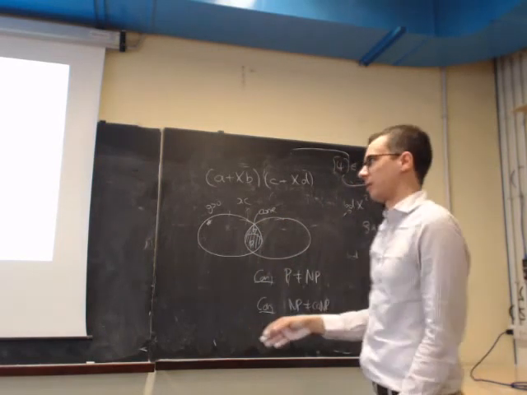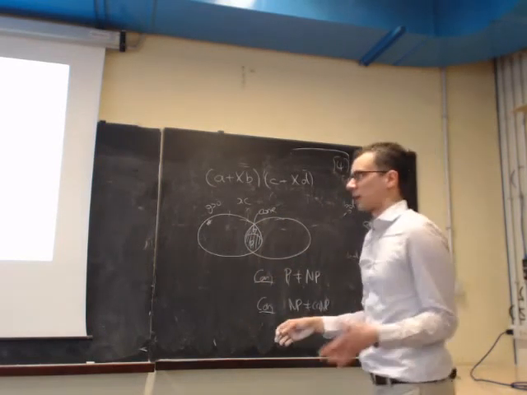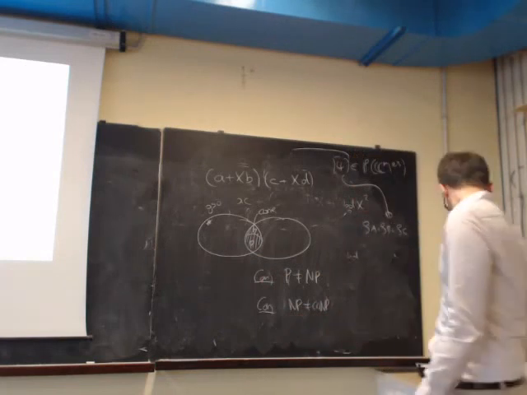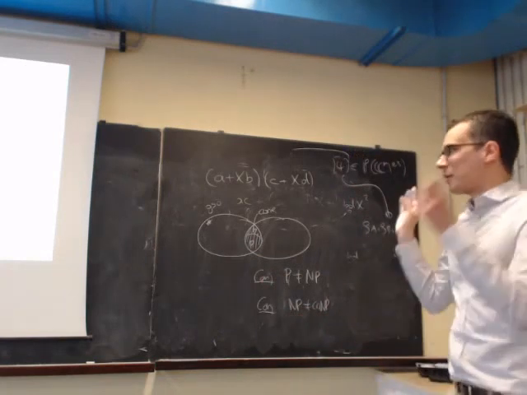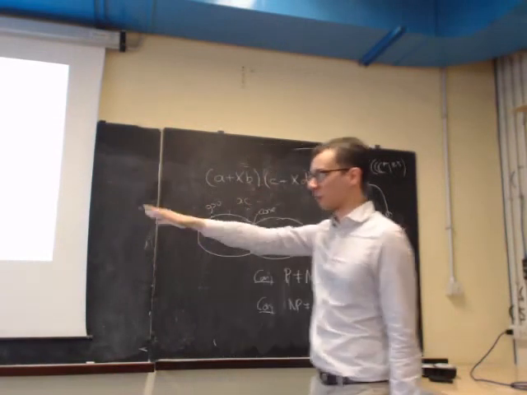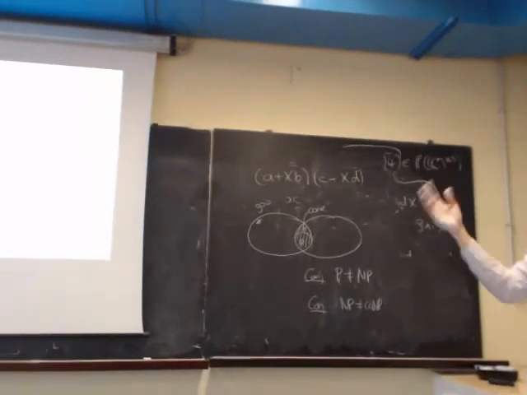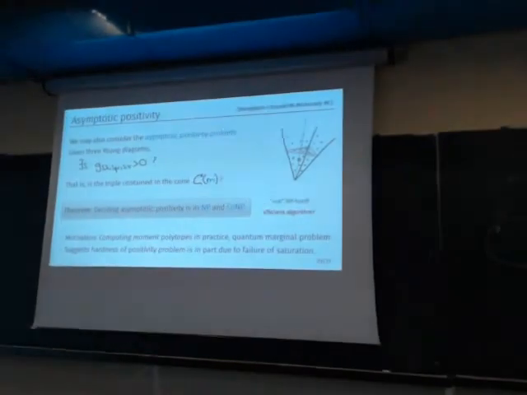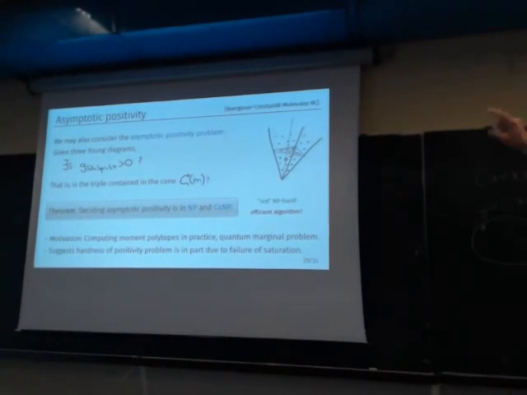For example, I guess this latest one is such an example, but there's a couple of others. I try to work on this a little bit for this particular problem because of this quantum physics interpretation. So I'm very interested in finding a polynomial time algorithm for checking this problem.